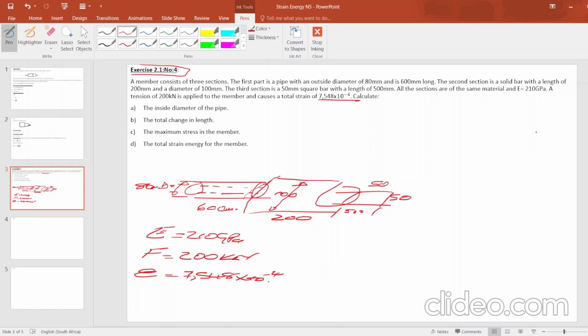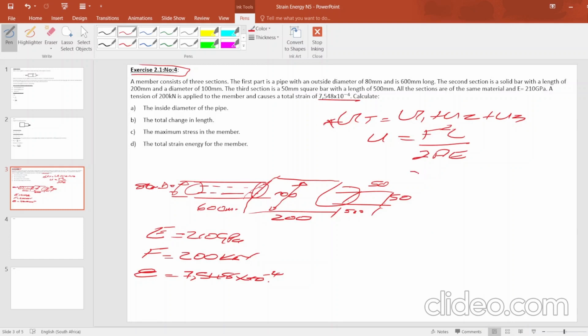Now, before we continue, let me bring your mind a bit to strain energy, the formulas that we are using when we are given compounded material. In calculating the total strain energy, it will be U1 plus U2 plus U3, whereby U is F squared L over 2AE. This is under the gradually applied load.